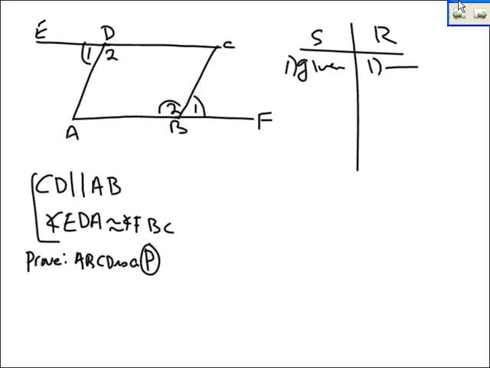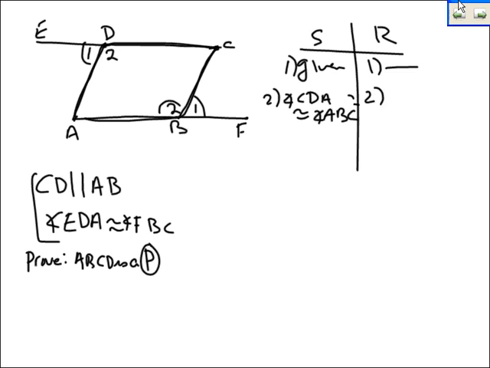You can say that those 2 angles are equal. Angle 2 is equal to angle 2. That is angle CDA. Angle CDA is congruent to angle ABC. Why is that?